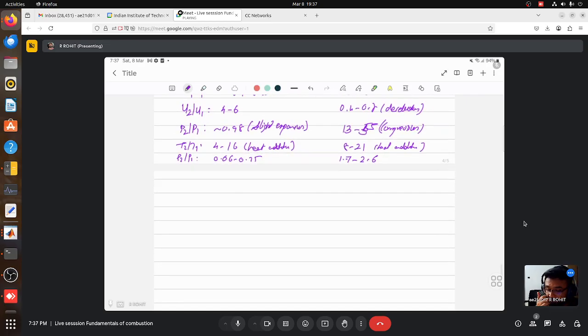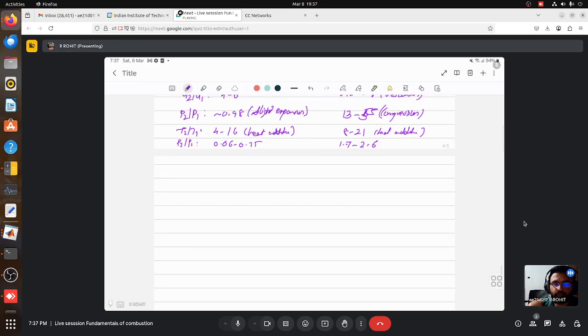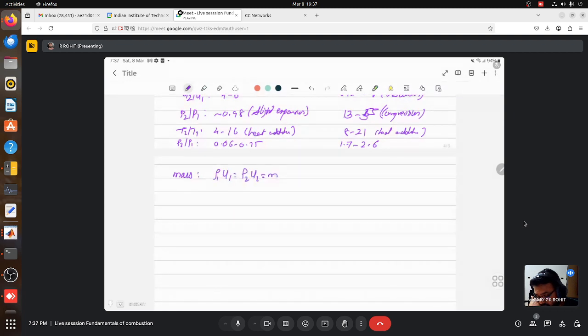Now people start thinking of doing some one-dimensional analysis, and you were introduced to the basic conservation forms that you have, that is like mass conservation, which is nothing but ρ1 u1 equal to ρ2 u2 is equal to the mass flux that you have. This is for a steady state condition. Then you have momentum case, where you have P1 plus ρ1 u1 square is equal to P2 plus ρ2 u2 square.